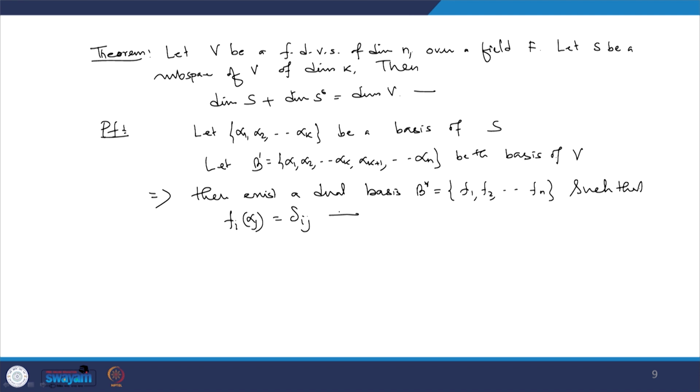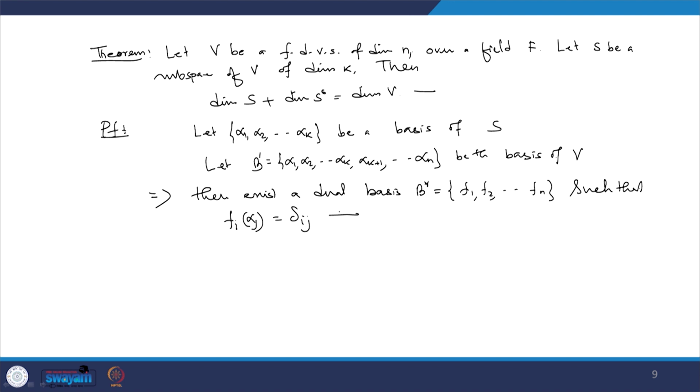So, according to our last results, there is a dual basis B star consisting of f1, f2, up to fn such that fi of alpha j equal to delta ij. I mean fi of alpha i equal to 1 and fi of alpha j equal to 0 when i is not equal to j.